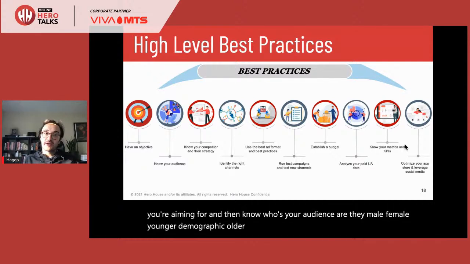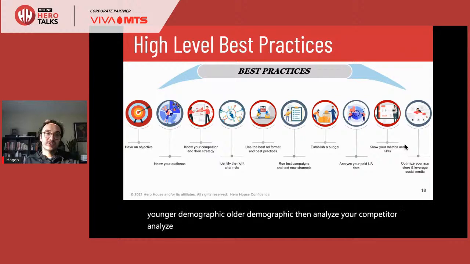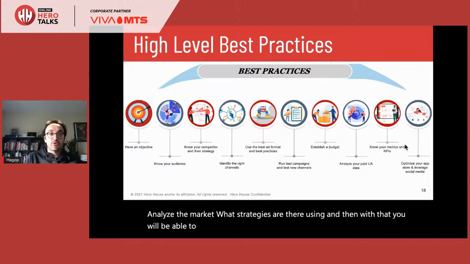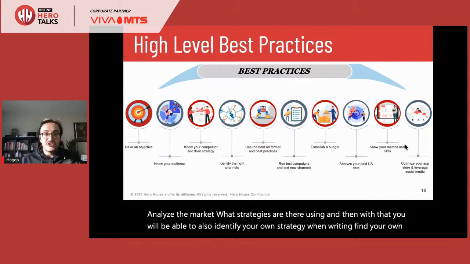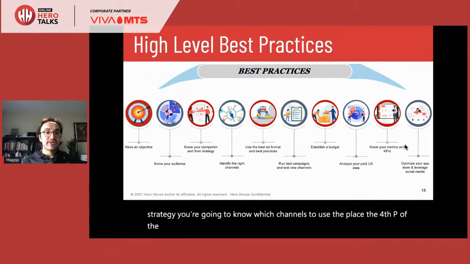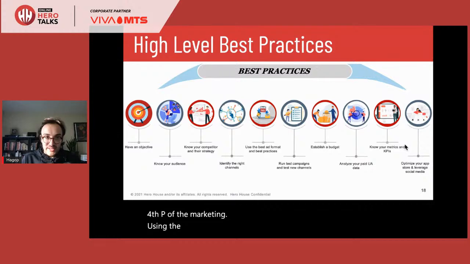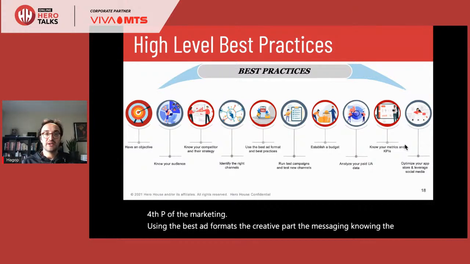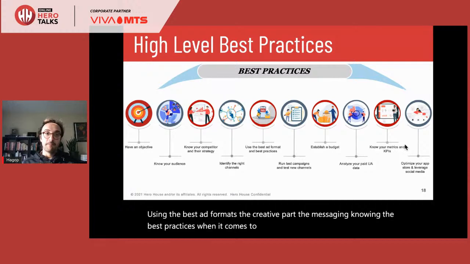Then analyze your competitors and the market. What strategies are they using? With that, you will also be able to identify your own strategy. When identifying your own strategy, you're going to know which channels to use, the place, the 4P of marketing, using the best ad formats, the creative part, the messaging, and knowing the best practices when it comes to creatives.